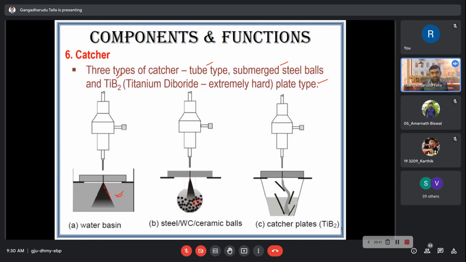Tungsten carbide and ceramic balls can also be used to reduce the water jet pressure. And you are using one plate also here, just below your workpiece. Titanium diboride, which is brittle, will break very easily, and the water will lose its velocity. Otherwise, you can directly use a plate here, but it will affect your cutting process.